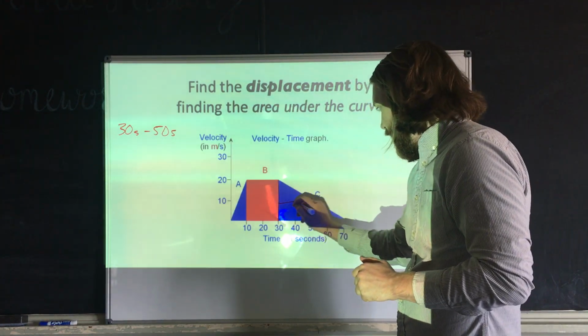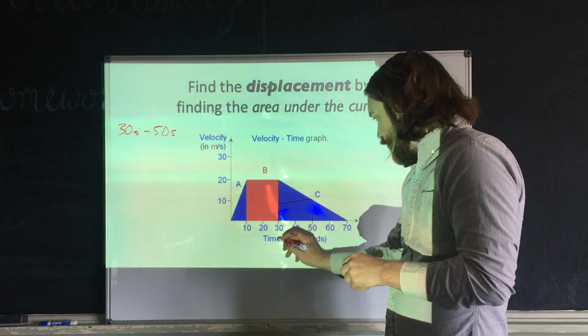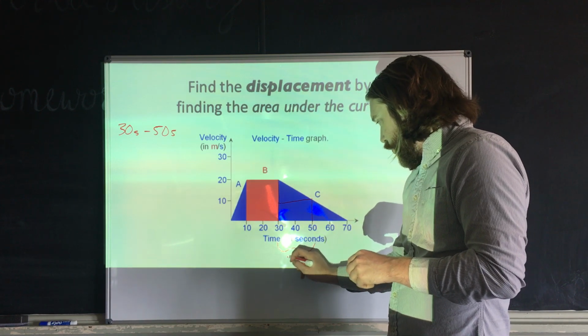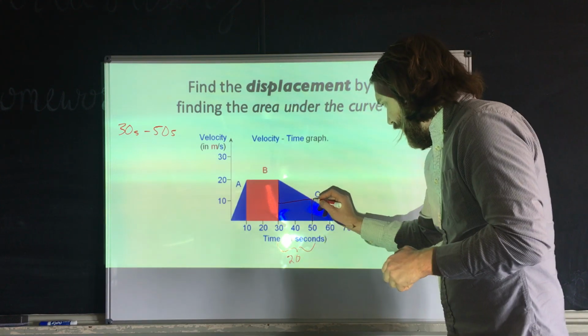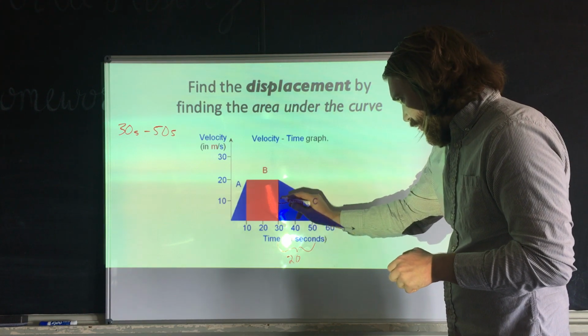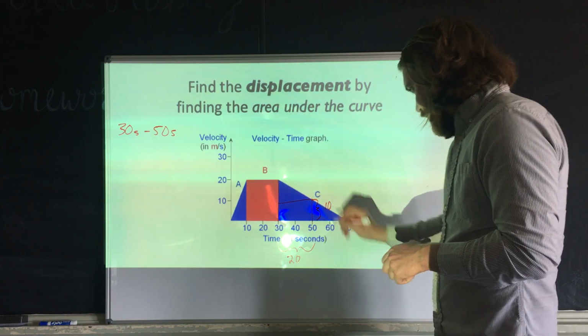The easiest way to do that is to go like this. The base of my triangle here goes from 30 to 50, which is 20 meters. The height here goes from 30 to 10, so this is 10 meters.